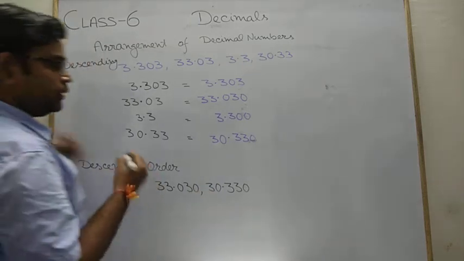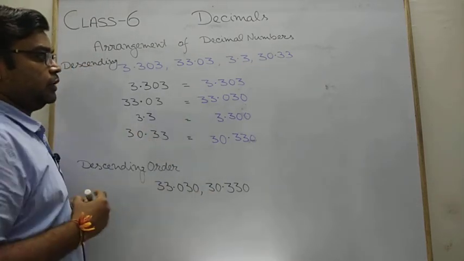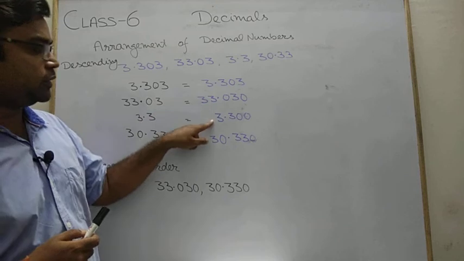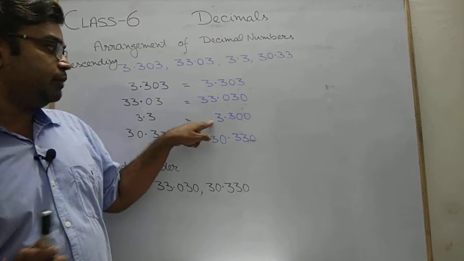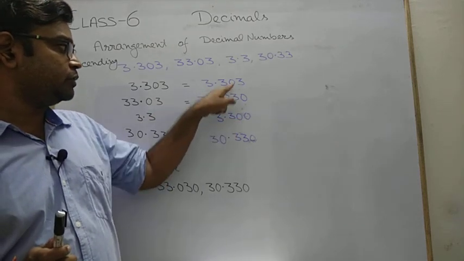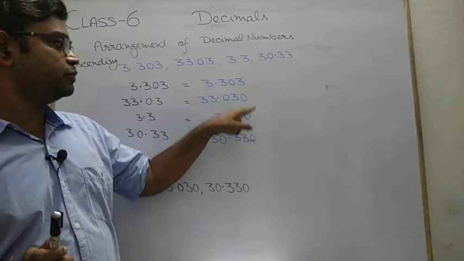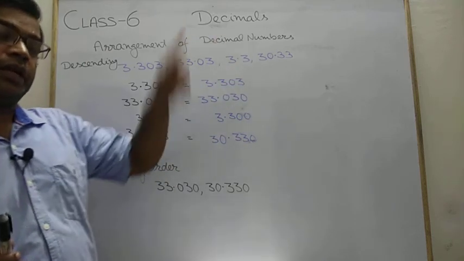Clear? Then again, wait, there are two 3s. So we compare. The ones place is the same, then after the decimal this is the same, and the second place is also the same. What about the third place? In the third place this one is greater and this one is smaller, so we take the greater one first.